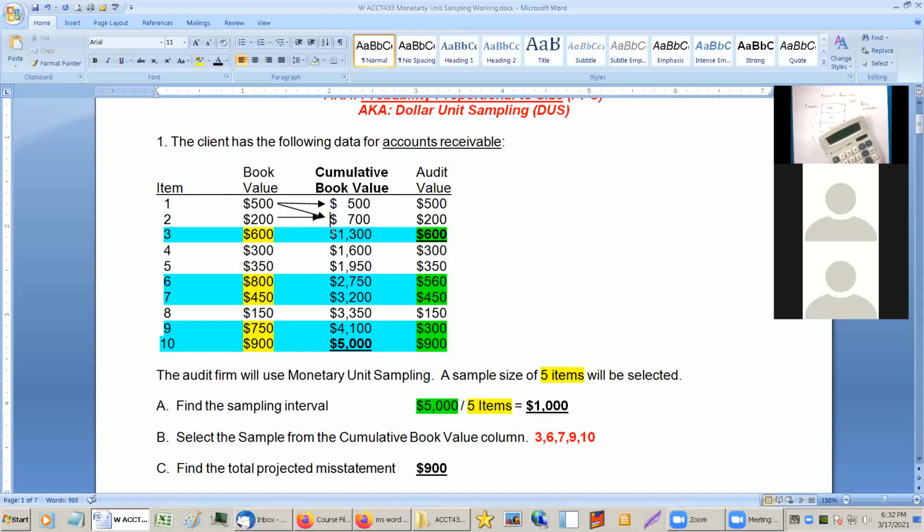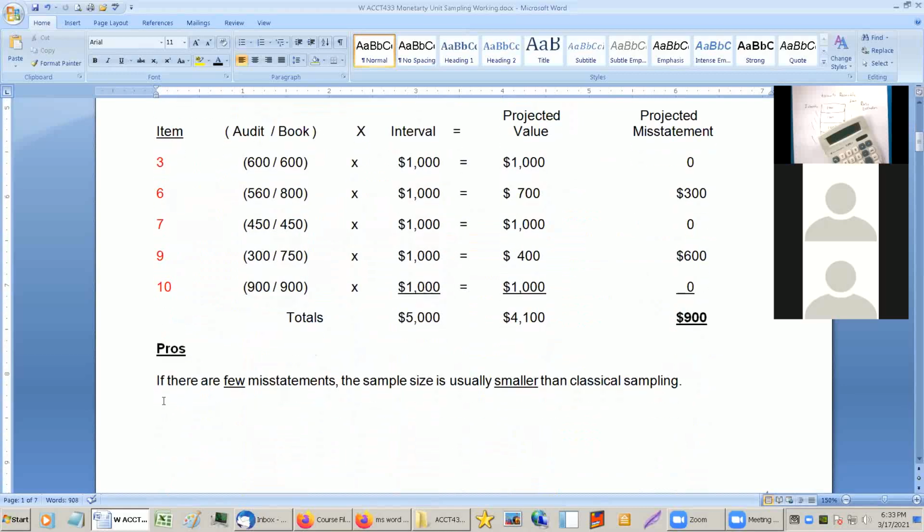It's not saying the little ones can't be found. If you had one with a book value of $10, it's possible that one gets picked. It's absolutely in the probabilities. But it's less likely to get picked than one that is for $800. So one that's $800 will be 80 times more likely to get picked than one that's $10, say. So the bigger they are, the more likely to get picked.